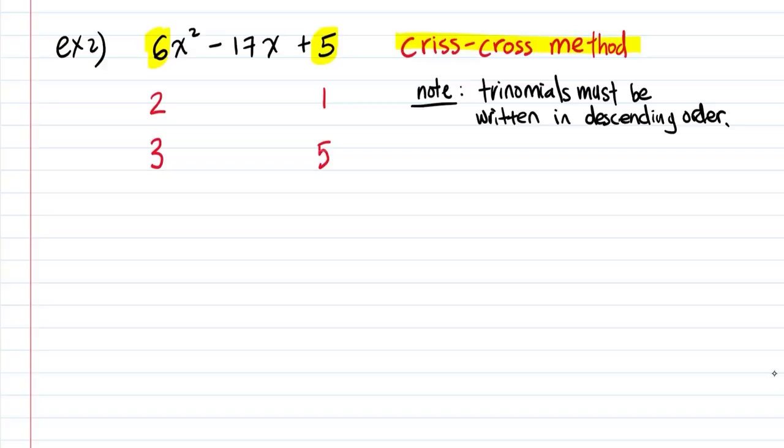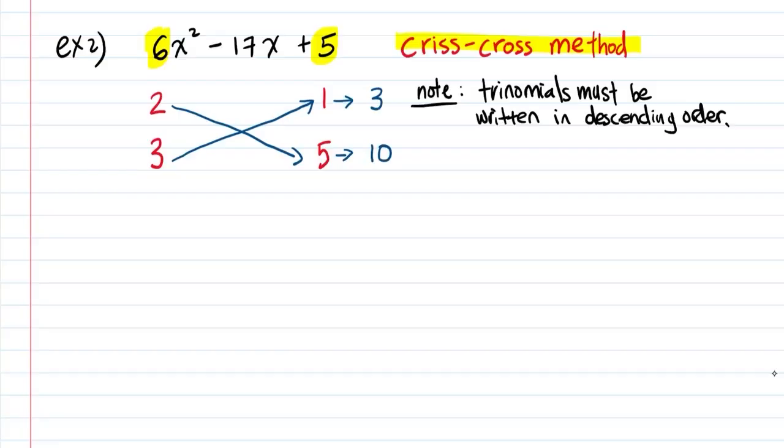Once you have those two sets of numbers, we're going to multiply sideways, which means we do the criss-cross like this. 3 times 1 gives us 3, and 2 times 5 gives us 10.